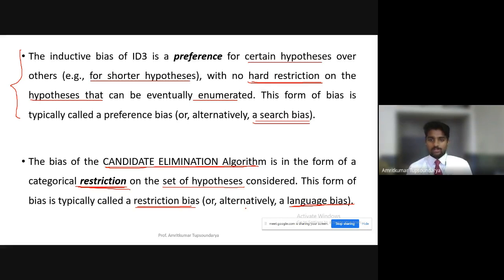It is the same as the restriction bias. Why language bias? Because we are putting restrictions here, which is a type of grammar we are trying to define. We are defining something specific: it has to be like this only. That's why it has been given this name.